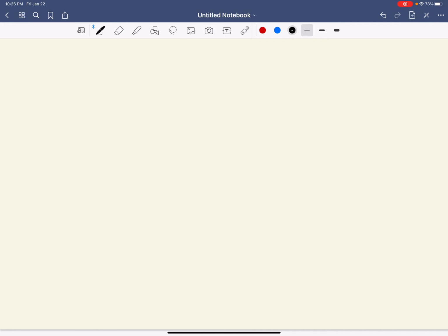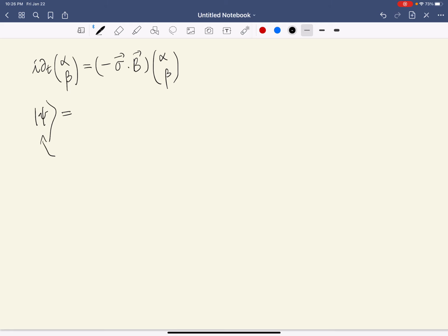Okay, so the Schrödinger equation for this electron spin would be like this. Now, the meaning of these two coefficients, alpha and beta, would be the following. Here's a wave function which represents the state of the electron spin.